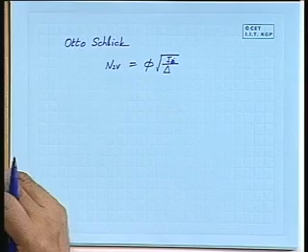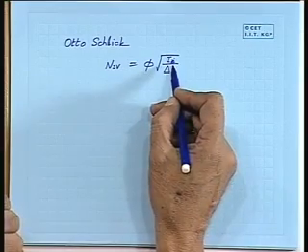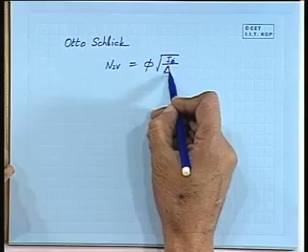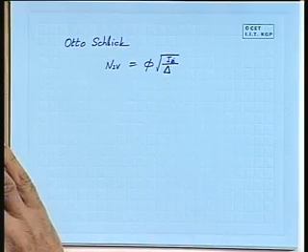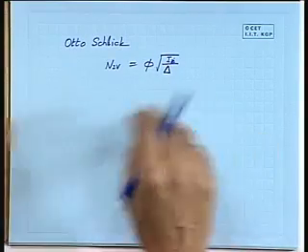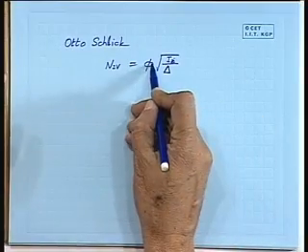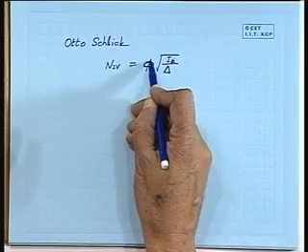Okay. I midship of the cross section of the ship and loaded displacement. He expressed this, and people blindly started using this, and he gave some coefficient value of this phi here.